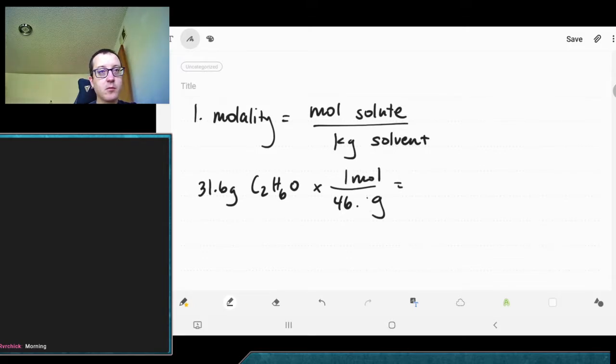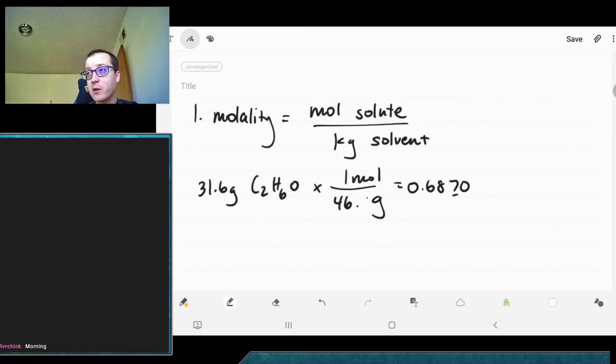Okay, so we bust out our handy dandy calculator. 31.6 divided by 46. And we get roughly 0.68670, we'll say, even though it's 3 sig figs.